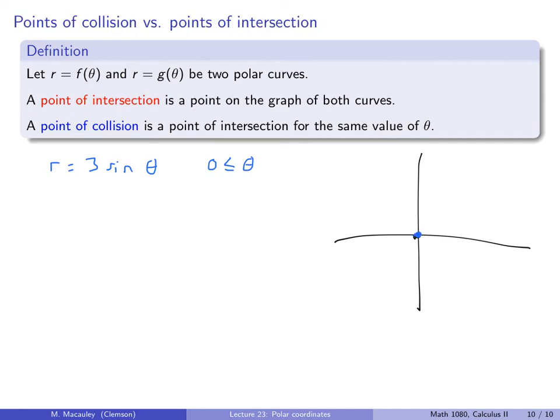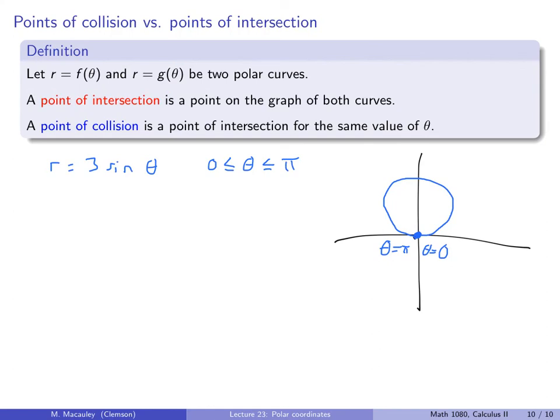And then as theta increases, we go up like this and over, and we arrive back at the origin at theta equals pi. I should say that we really should end at pi.